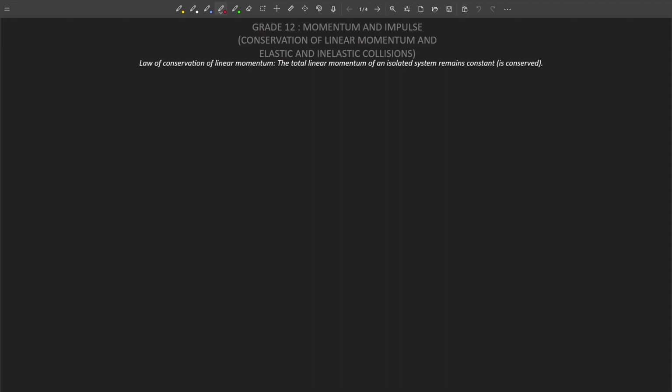Okay, before we get into the conservation of linear momentum, you need to understand that whenever two or more objects interact with each other, that whole thing is called a system. A group of two or more objects that interact is called a system.